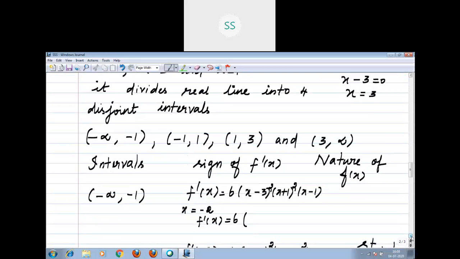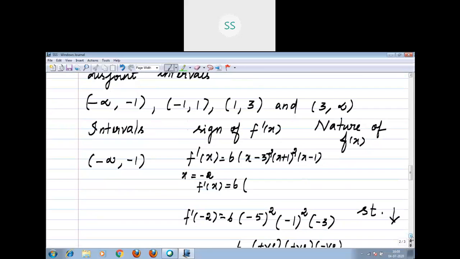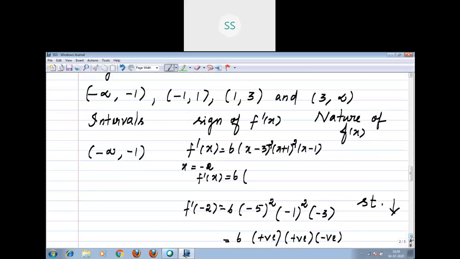Minus infinity to minus 1, the function is strictly decreasing, right? I'll write it here. F dash of minus 2, 6 into (minus 2 minus 3) the whole square, (minus 2 plus 1) the whole square, (minus 2 minus 1).